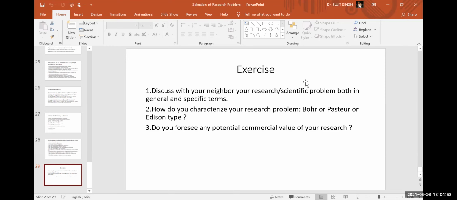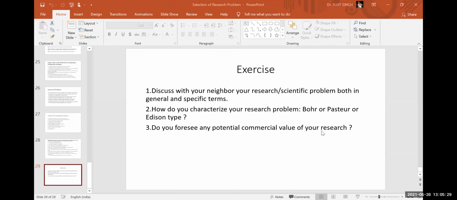But that is not possible in this online environment. So what I am supposed to do is this: whosoever is the class representative of your class, please make groups of 4 or 5 people. Each group should consist of 4 to 5 students.